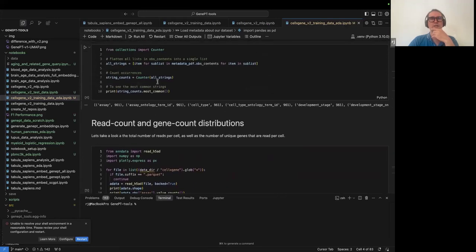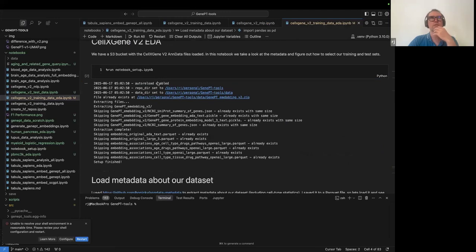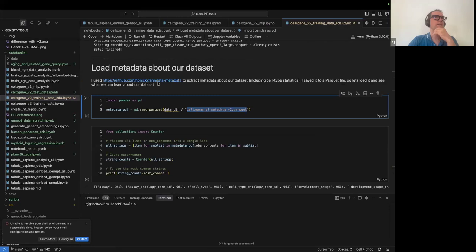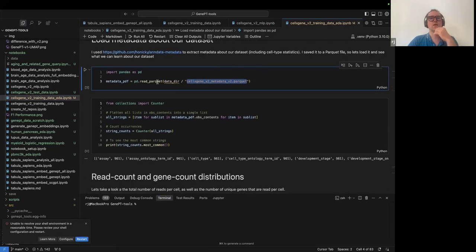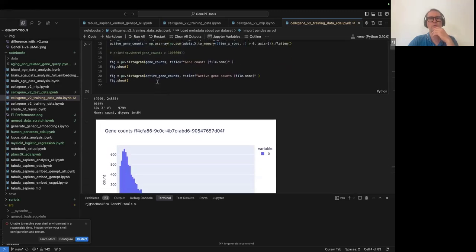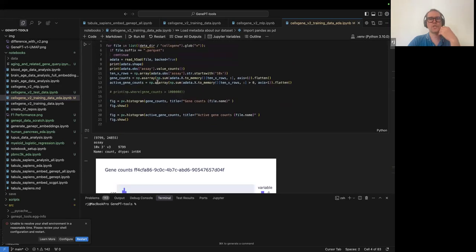sort of ask, okay, what are the genes being expressed in different files? What is the number of genes? And then I also had to do some post-processing on the distribution of gene counts.